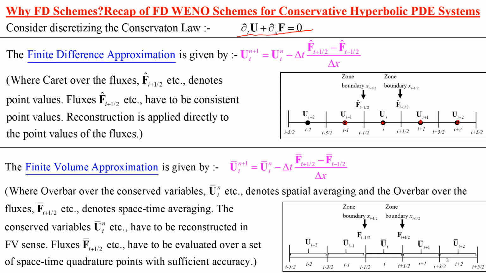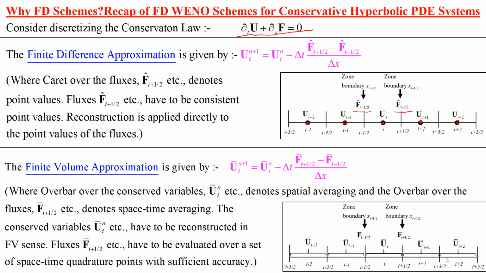So u_{i-1}, u_{i+1}, etc. on the top mesh are defined as point values at the zone centers of that mesh. Then we want the fluxes at the zone boundaries, and we can get those if we directly reconstruct from the point values of the fluxes at these particular zone centers. That is what gives us a finite difference approximation.